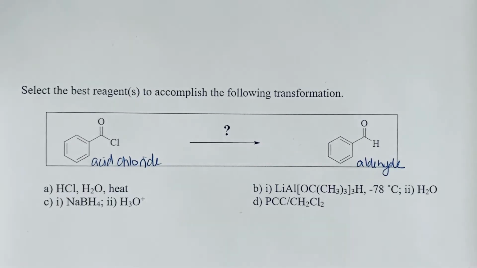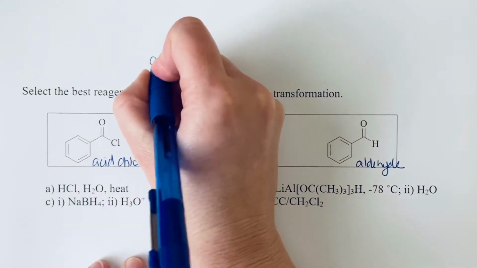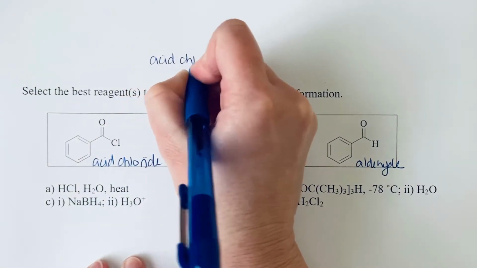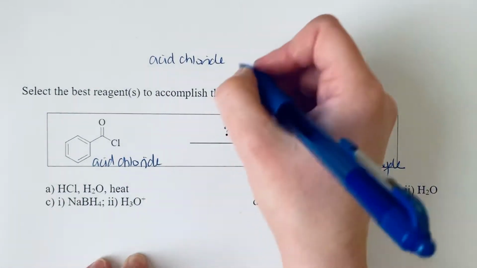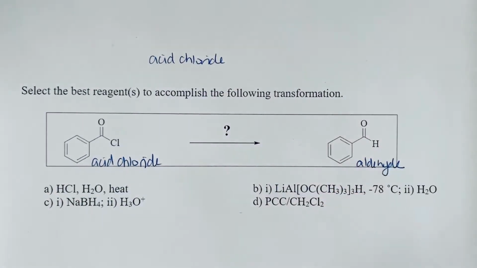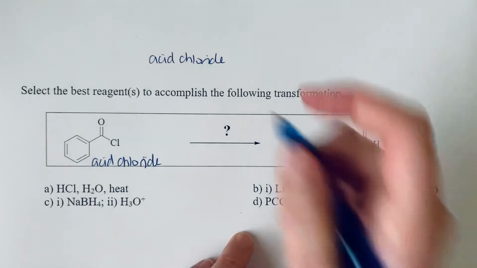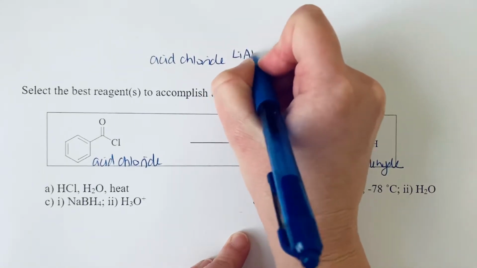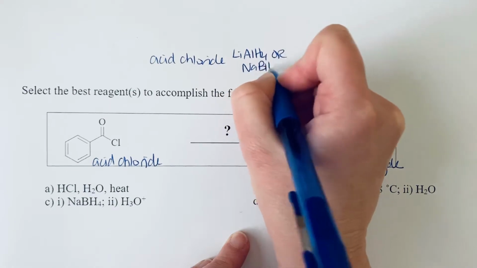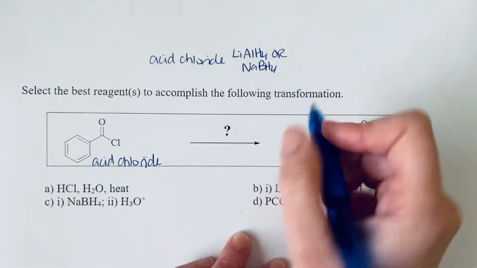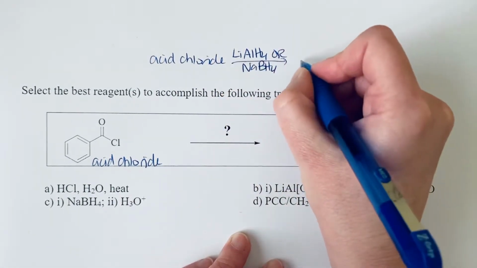So our acid chlorides are the most reactive of our carbonyl compounds. And so if we were to take an acid chloride and reduce it, because this is a reduction, we're adding hydrogen. If we were to use either of our two typical reducing agents, so lithium aluminum hydride or sodium borohydride, both of these will reduce your acid chloride to give you the alcohol.